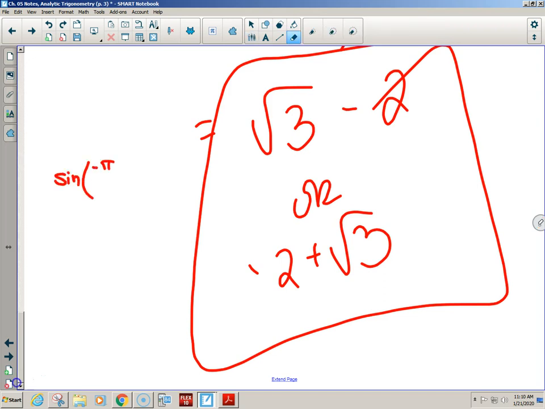Oh, tangent. And you're making sure you're putting all that in parentheses? Any other gradient mode? Makes no sense because tangent is negative 1 at negative pi over 4, which is a very different answer.